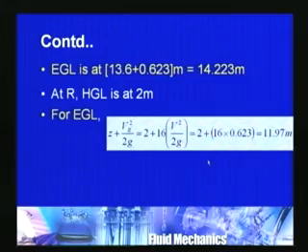Like this we can solve various problems for the given parameters. We can apply Bernoulli's equation, and various other losses are also considered here, and we can solve the problem. In the next lecture we will be discussing further pipe flow systems like pipes in series and pipes in parallel.